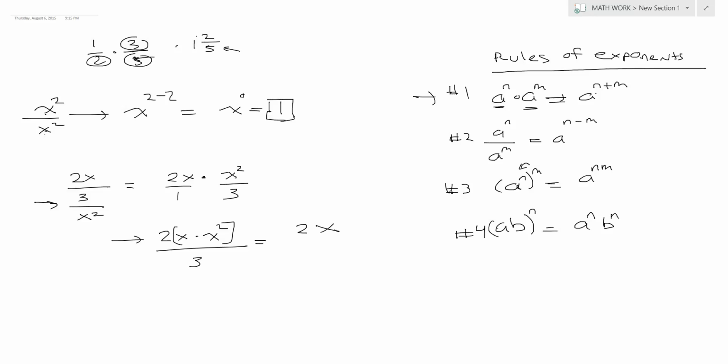By the way, anything raised to the 1 is itself. That's why 1 is assumed here. So you would have 2x to the 1 plus 2, divided by 3. That's showing your work. 2x cubed over 3, and that is your answer for that, right?